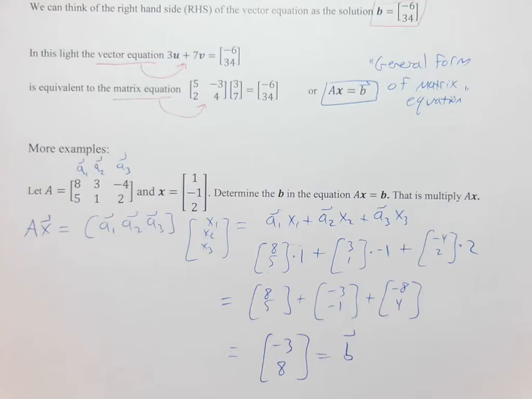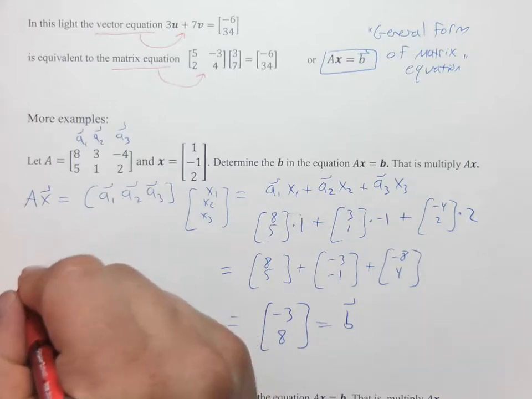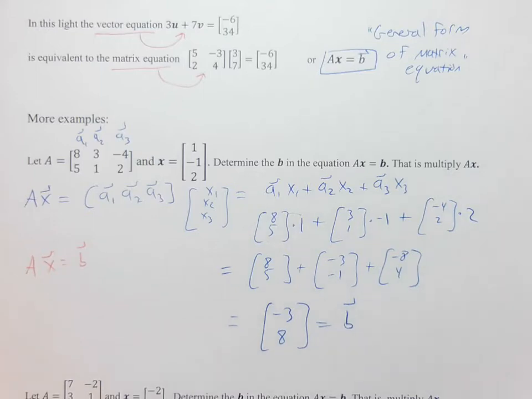Let me just do one more, and I'd like you to think about what happened here with the dimensions. So we multiplied... just look at the equation Ax equals b here. See if you can come up with a pattern.